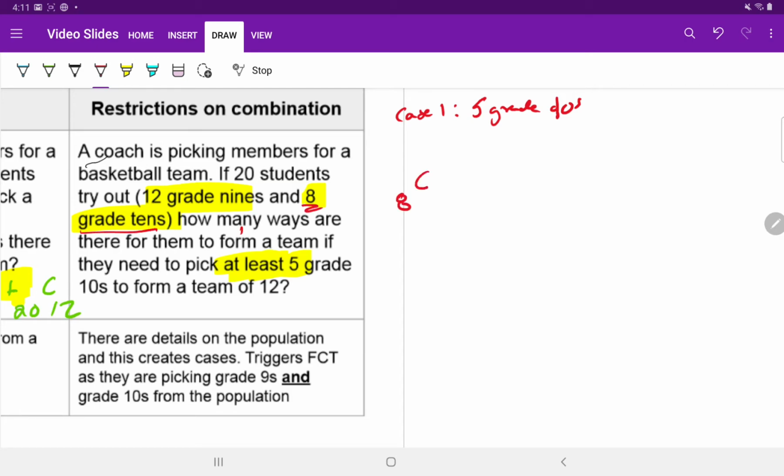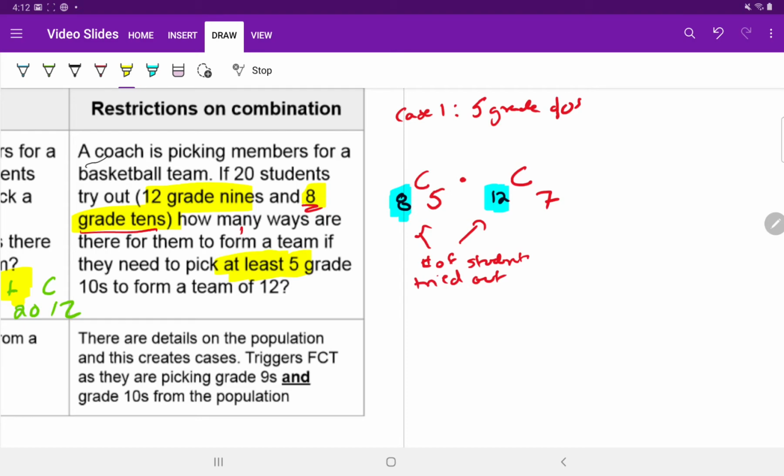So it'll be 8 choose 5 times 12 choose, how many do they have? 12 choose 7. To be clear, this 8 and that 12 form together our entire population, the 8 and 12 being the number of students who tried out.